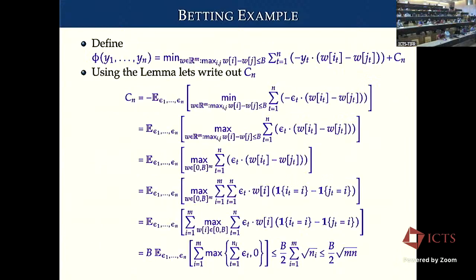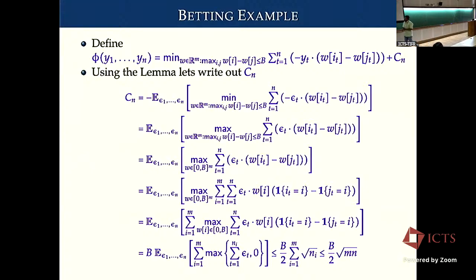So I'm going to write down phi to be this benchmark plus some value c sub n, and we're going to ask the question: what's the smallest c sub n that will allow this function phi to be admissible, meaning that there is some strategy that can always get the regret bound that I want? What's the best c that we can hope for?